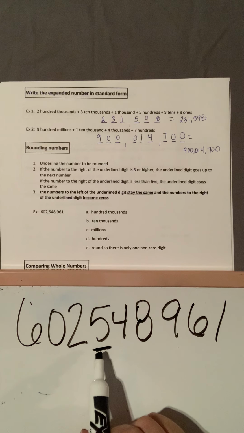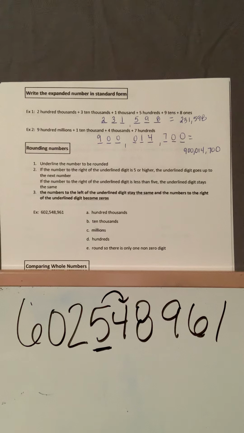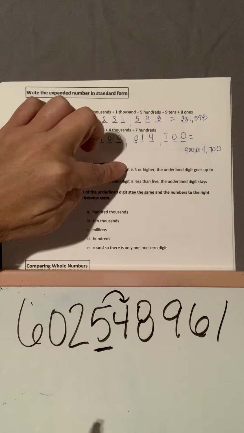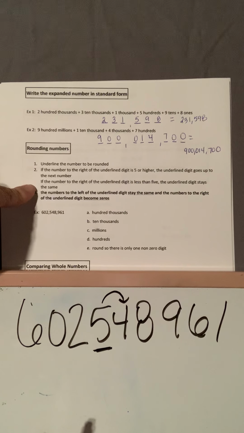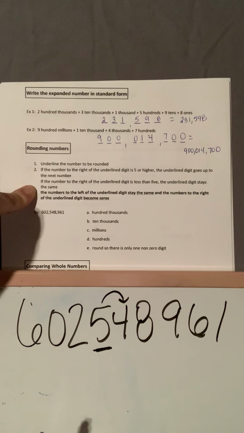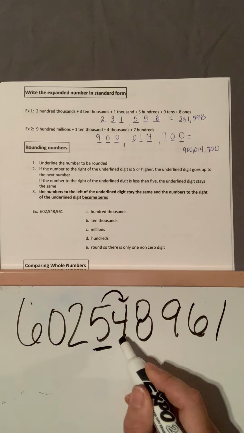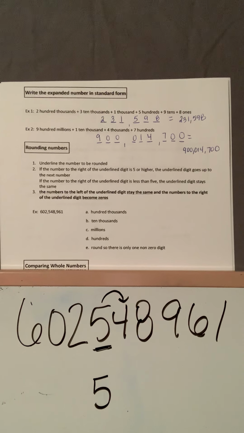So when you round a number, you always look to the number to the right of it. If the number to the right is 5 or higher, you round up. If the number to the right is less than 5, it stays the same. So this number is less than 5, which means the underlined number is going to stay the same.